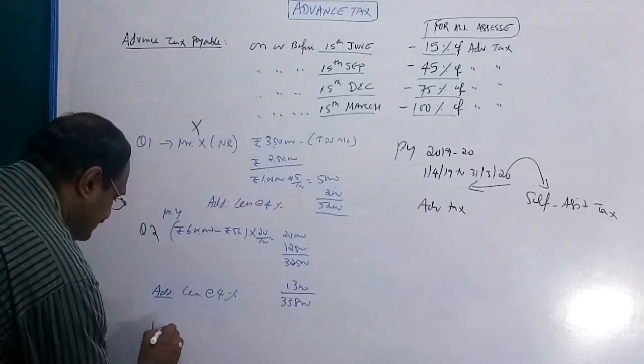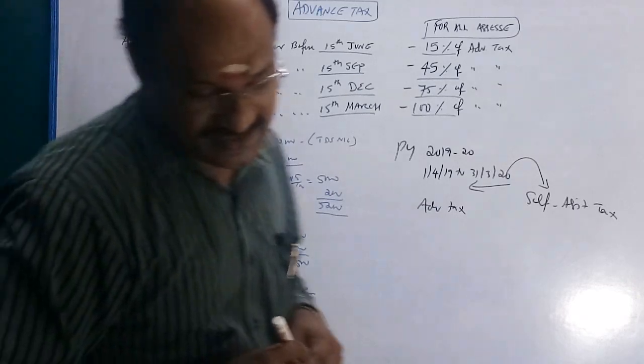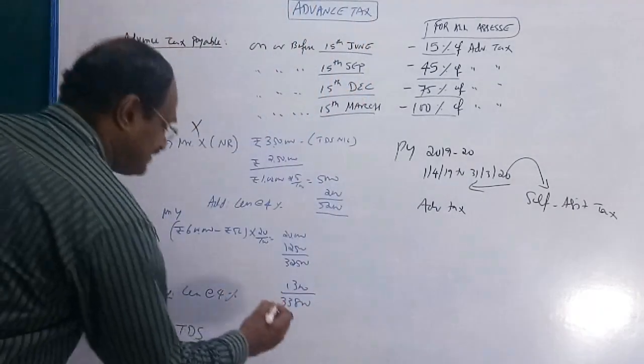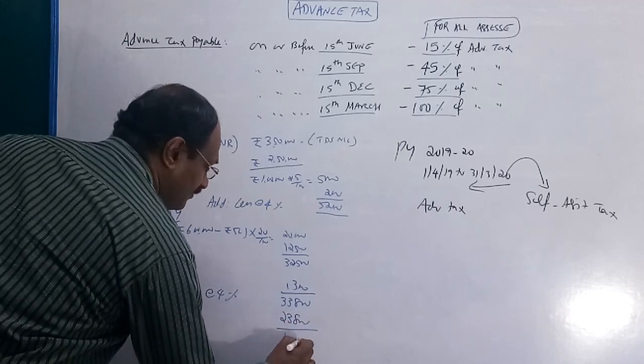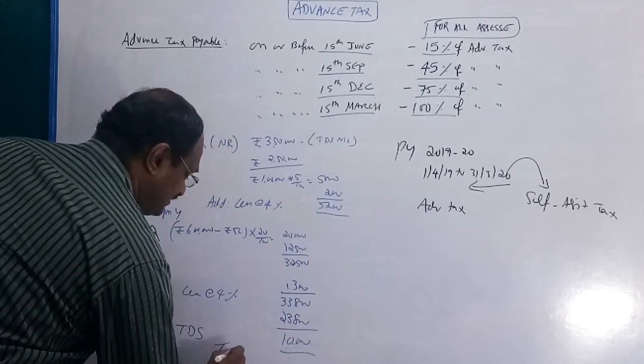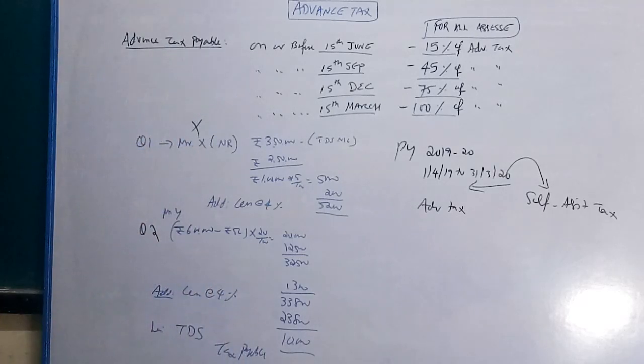33,800 less TDS amount 23,800. Therefore, tax payable 10,000.